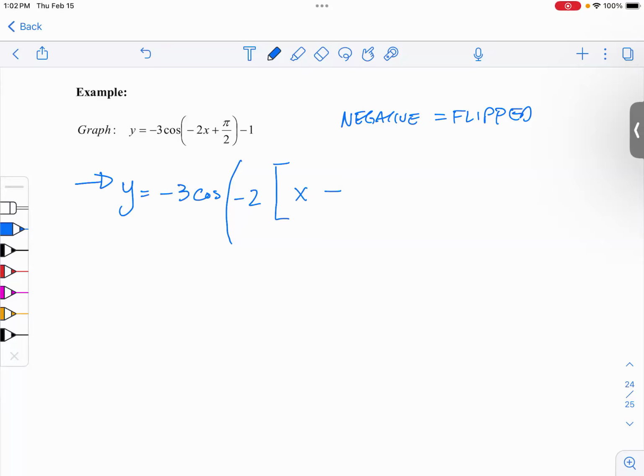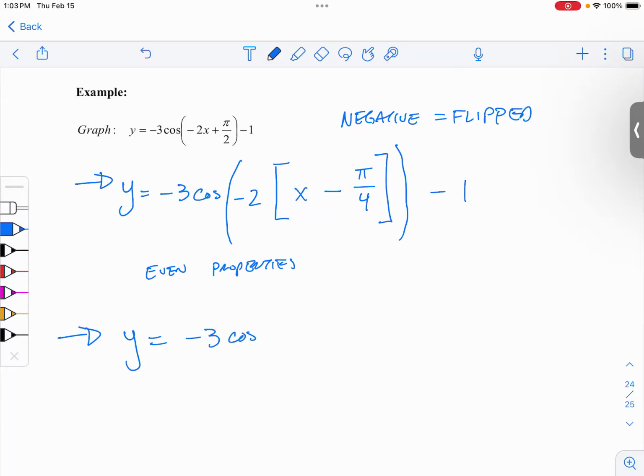X becomes minus pi over 4, because it's just dividing. So this is where we finally get to use the even and odd properties while graphing, because the fundamental principle of the graph of cosine is that it is an even function.